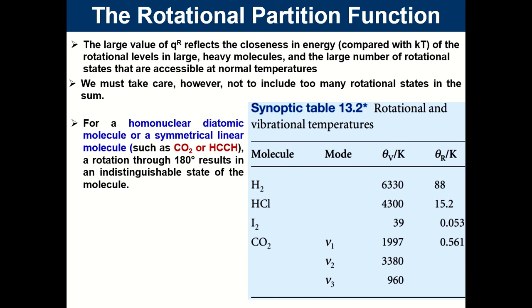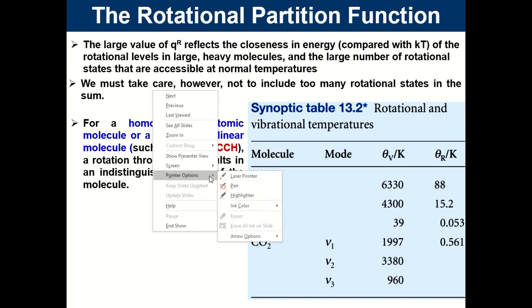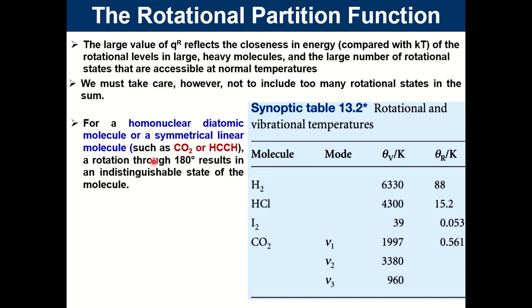Homonuclear diatomic molecules are all symmetrical. Homonuclear, that is, both the atoms are the same. If you have a diatomic molecule like that, in that case, when you rotate a CO2 molecule, one rotation by 180, another rotation by 180, within a 360-degree rotation you are getting two equivalent structures.